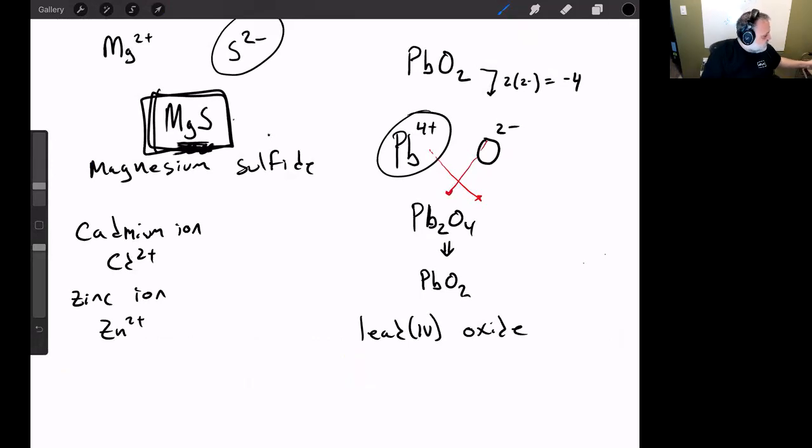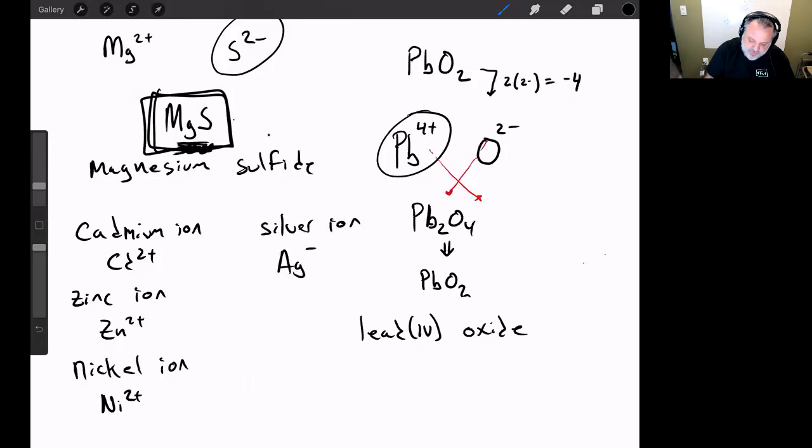Cadmium, zinc, nickel. Nickel ion is Ni2+ all the time. And the last one is silver ion, and it's always Ag+.